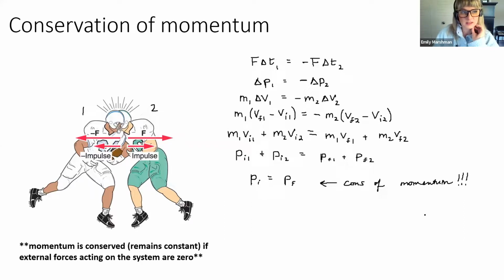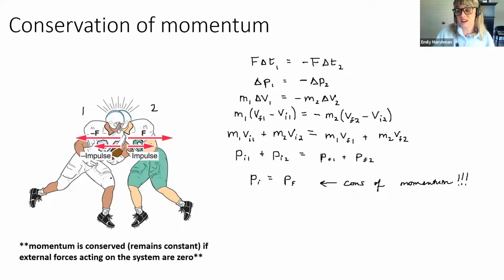Conservation of momentum says that the momentum of the system of the two objects, whether it's two players, two cars, whatever, right? The initial momentum of the system is equal to the final momentum of the system. Now, eventually, if these two players collide and stick together, we know that they're going to slow down and stop, right?